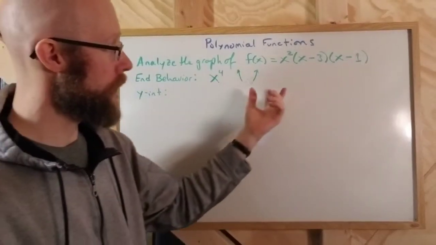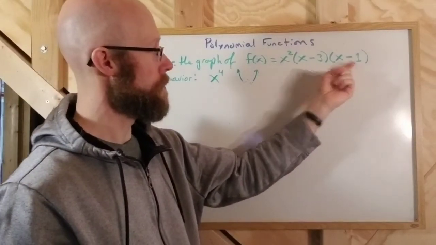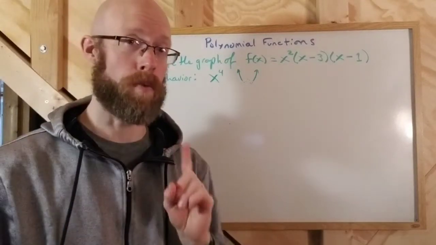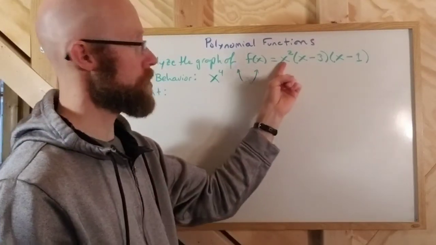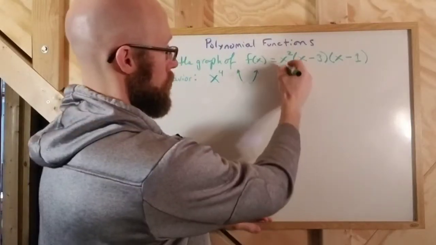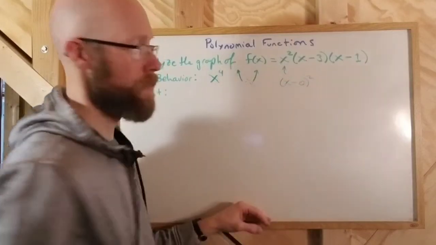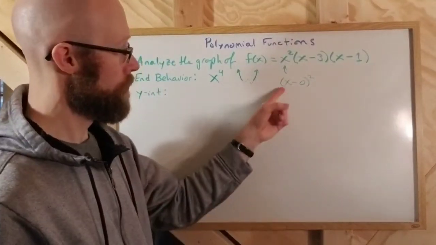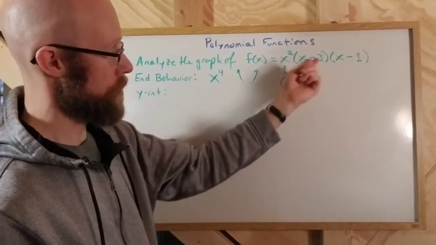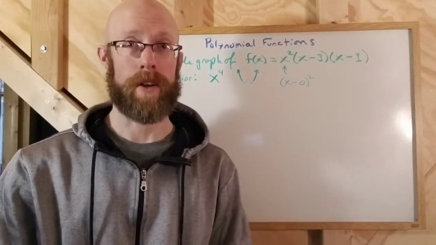Now here, to find that constant term, all you really need to do is multiply all of the constant terms together in each of the factors, but remember that x is really x minus 0, right? So that factor could be seen as x minus 0 squared. So when you multiply all of the constants, 0 times negative 3 times negative 1, the product is 0.